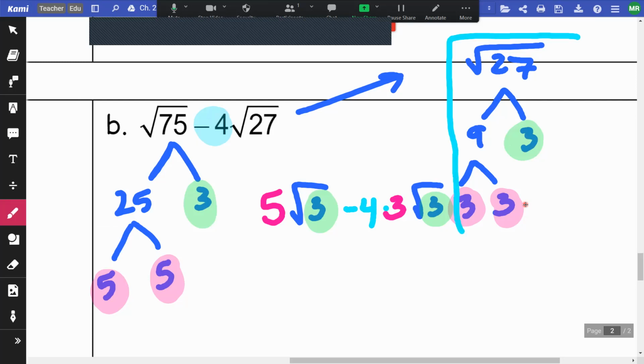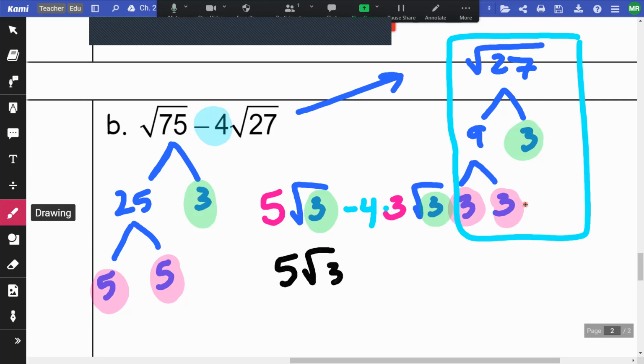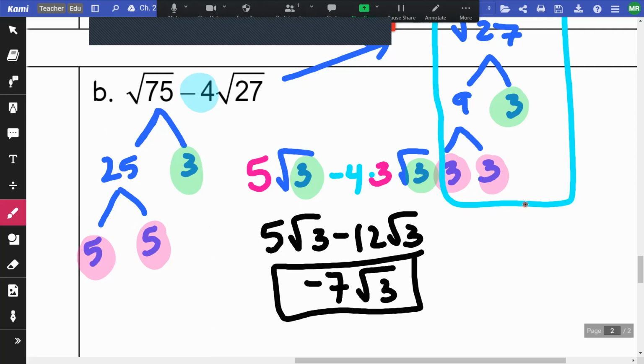This right here that I'm boxing, that was my work for my 27. So let me clean up my final answer. This is going to be 5 root 3, and then 4 times 3 is 12, so I get 12 root 3. Now you can add or subtract radicals when they're like, so that's going to be -7 root 3, and that's your answer.